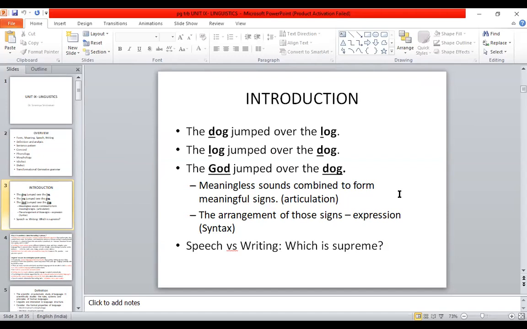They combine to form small little words, and these words, when put in a particular form, what we call syntax, where these signs are arranged in a particular fashion, that is what helps us understand what that sentence means. Simple as that. So these signs, the words, are nothing but letters put together.